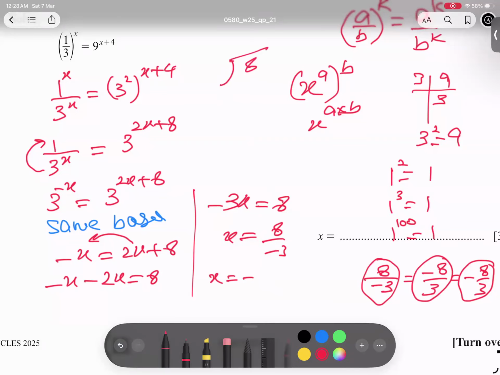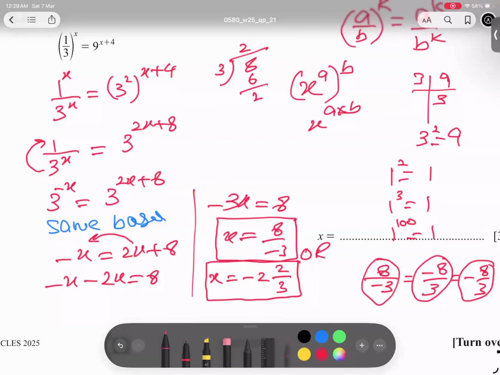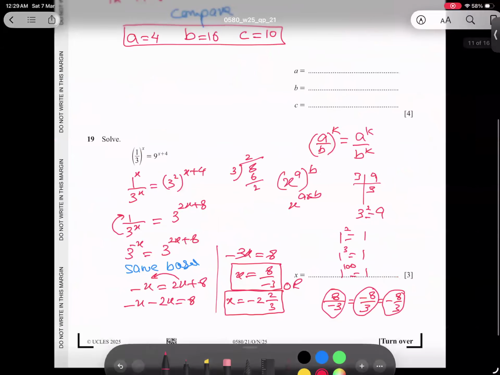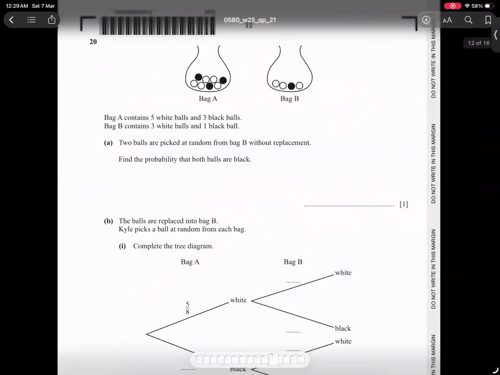Mixed fraction: 3 twos are 6, 2 left. And this 2 I'm copying before. This 2 will go on the top and this 3 will go down. And this is our final answer. But you can stop even here, no problem at all. Both answers are correct. So Alhamdulillah Rabbil Alameen, let's talk about the next question.